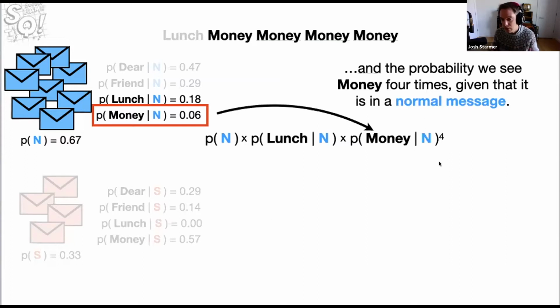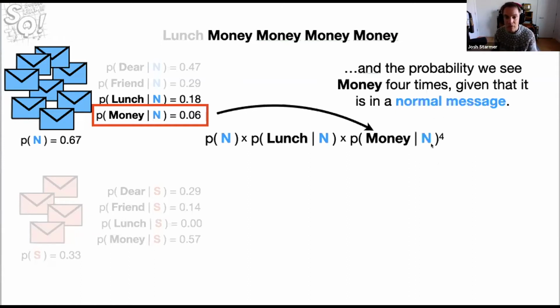If I didn't want to use an exponent, I could just say times the probability of money, given that it's normal, repeated four times. The only reason why I'm not doing that is it would run right off the edge of the screen and we wouldn't be able to see it.